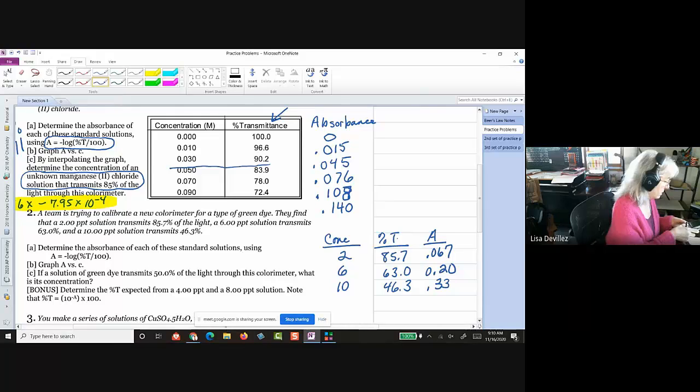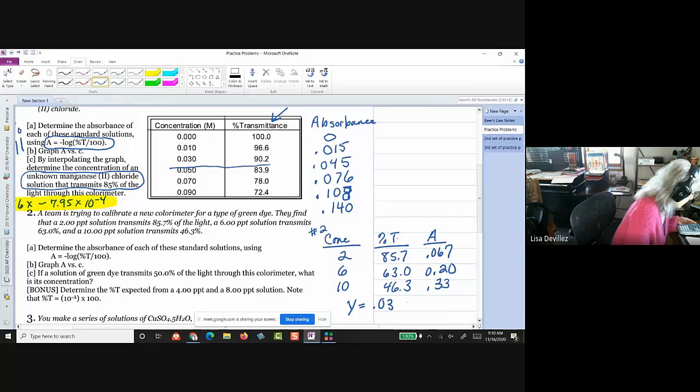Delete, delete, delete. Okay, set calc. One, comma, 2. I'm getting y equals 0.0329x plus 0.00175.